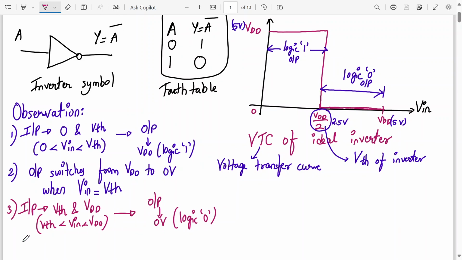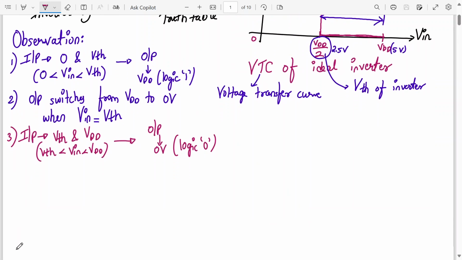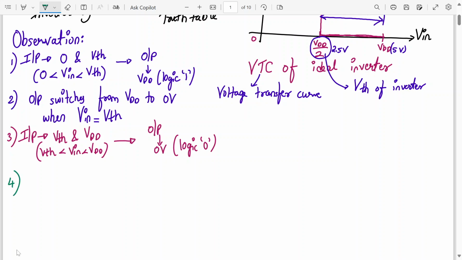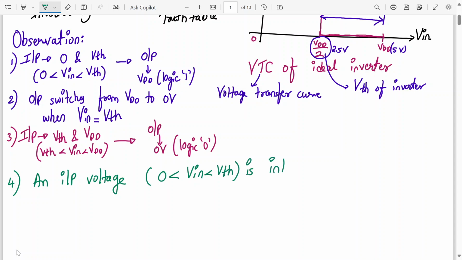Now we'll write 2 more points. So we can say now that an input voltage which has a level between 0 and VTH is interpreted as logic 0.